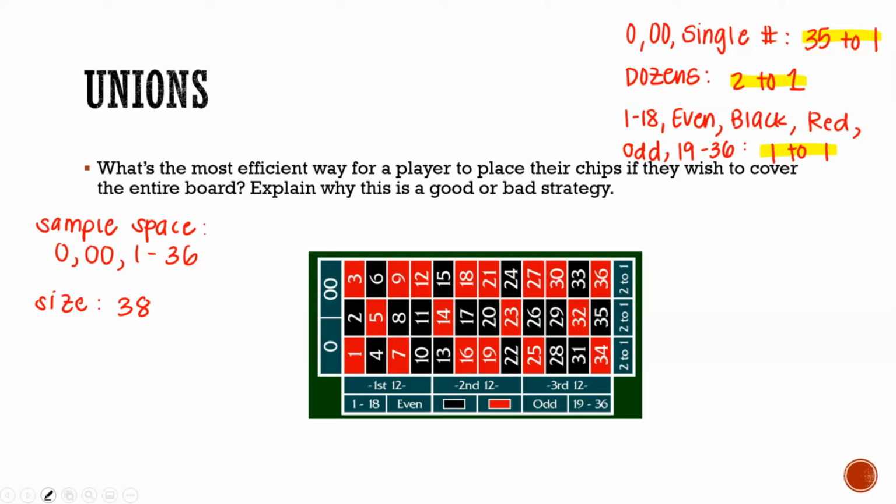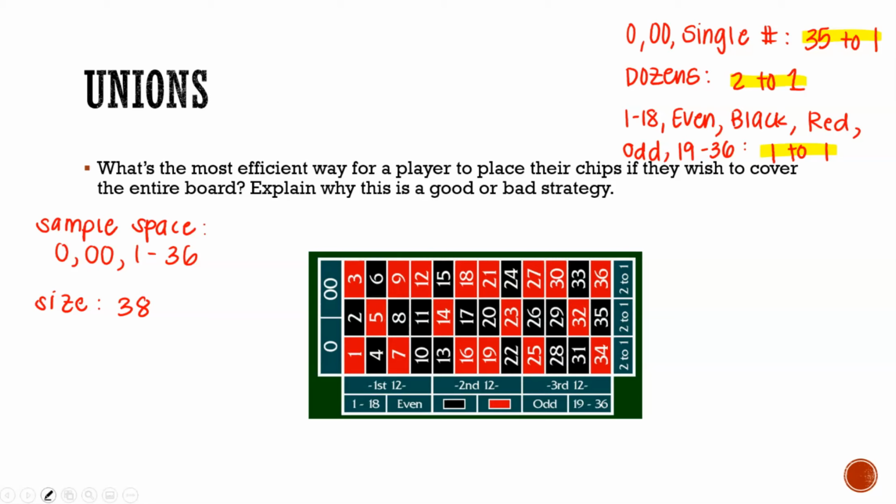I would have won because I have a chip down on the third dozen. However, I would have gotten a payout of 2 to 1. So if I put $1 down, I would have made $2 off of that chip. Again, I am still at a loss. There is no good strategy in order to cover the entire board. Otherwise, everyone would make money when playing this game.